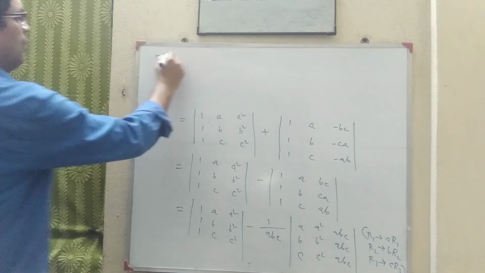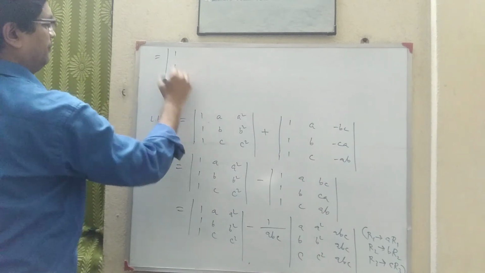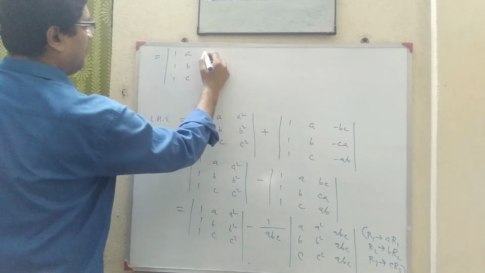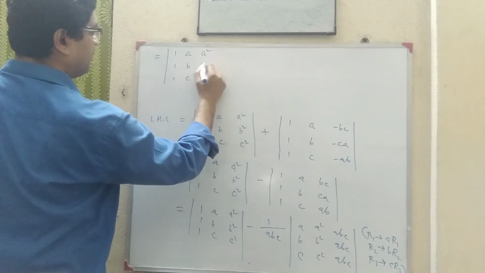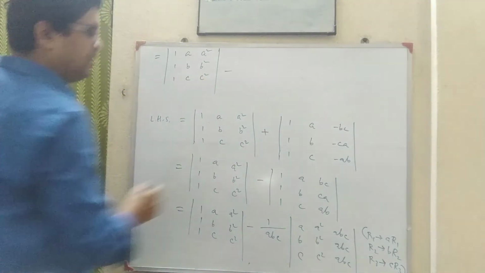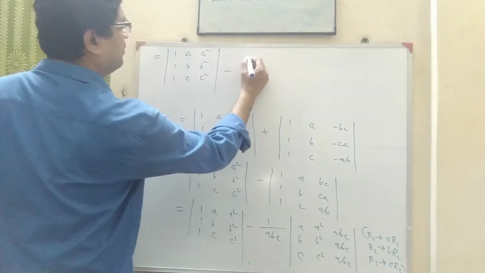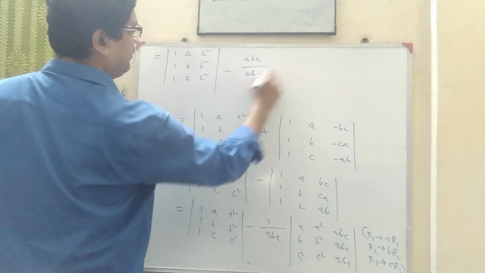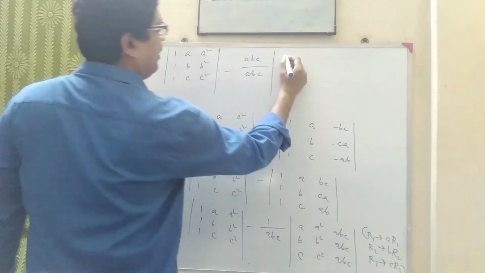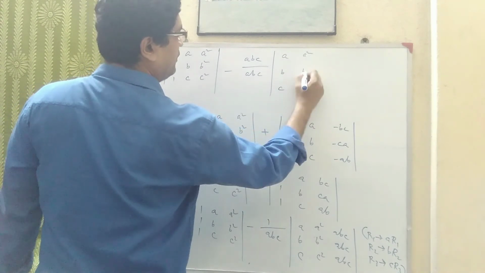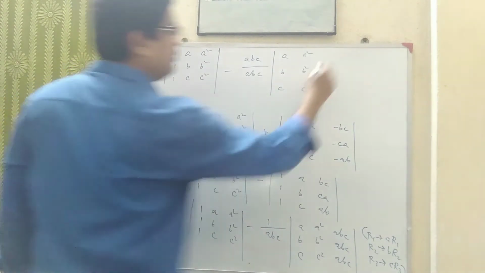We have 1, a, b, c, a square, b square, c square as it is, minus, if abc is taken out common, then we have abc divided by abc, times the determinant a, b, c, a square, b square, c square, and 1, 1, 1.